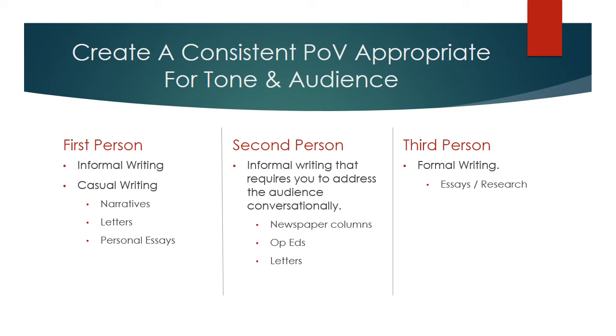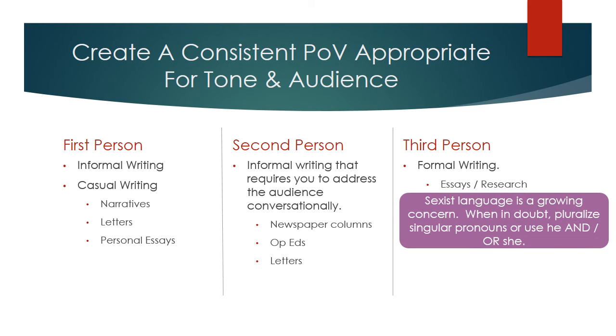There's an additional layer in third person that we need to be aware of, and that's sexism in language. That's become a growing concern over especially the last decade, but longer than that. We've just become more aware of it in the last decade. So what you should do when you're in doubt, should I use he or she, is you should either pluralize the singular pronouns, which I alluded to earlier when I was defining what pronouns were. So use the they, their, them pronouns. Or you should use he and/or she.